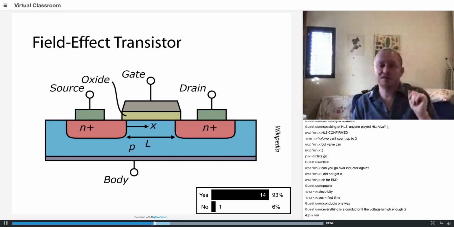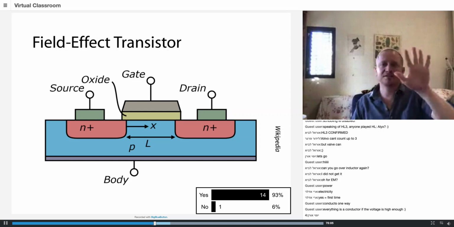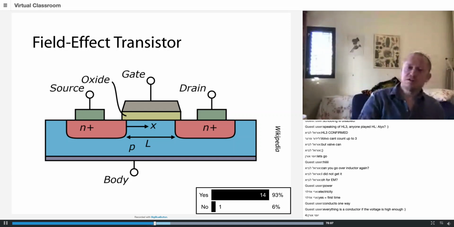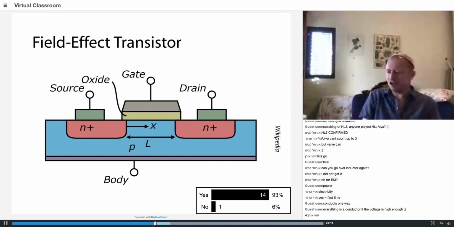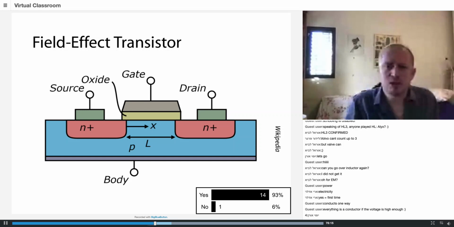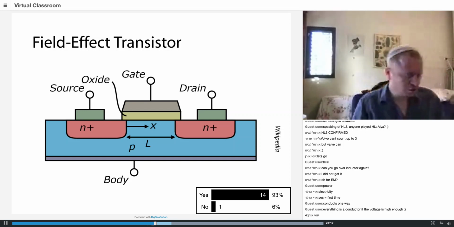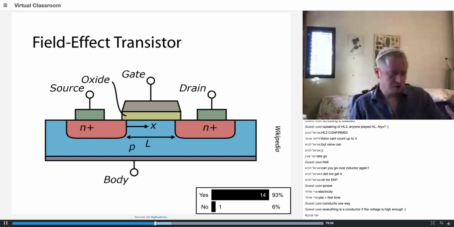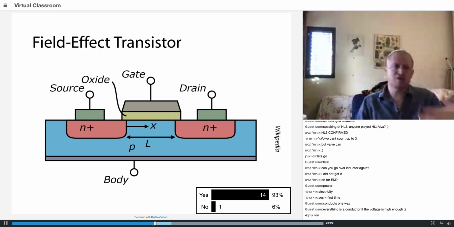And phosphorus is also very similar to silicon, but in its top valence level, it has 5. So what you do when you want to create a semiconductor is you take the silicon and you dope it with one of these materials. You can dope it with boron, or with phosphorus. You can also dope it with other materials.